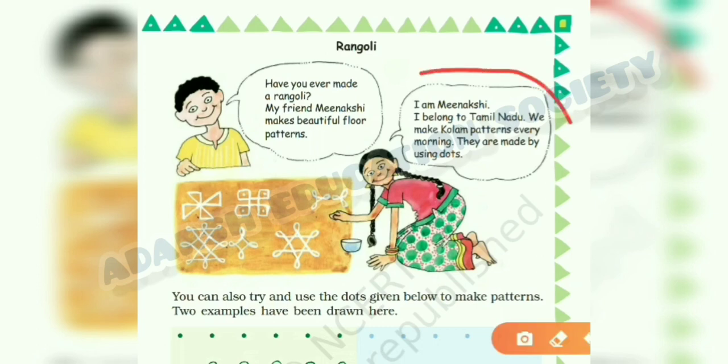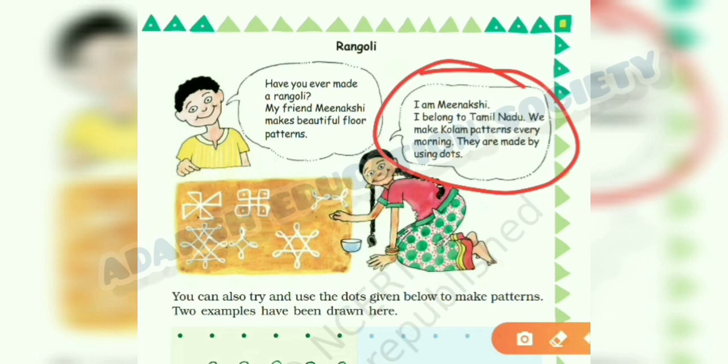Now in second, I am Meenakshi. I belong to Tamil Nadu. We make column patterns every morning. They are made by using dots. Here Meenakshi is giving her introduction and telling us she is drawing column every morning.